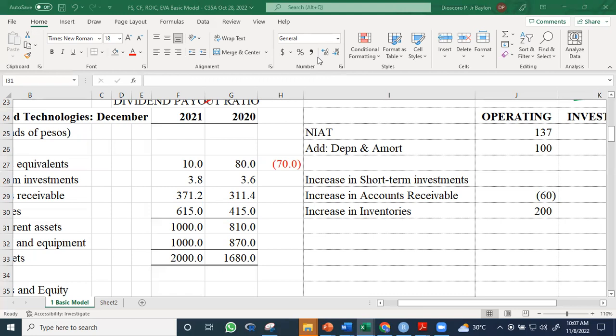The sign, okay? So for the accounts receivable, if it's a source of cash, then why is it negative 60? Should it be positive like inventories? Yes. Same thing, Gerard, no? Inventories should be negative. Oh, so are you now taking back your answer a while ago? Inventories should be negative. So it's not a source of cash, it's a use of cash, Gerard.